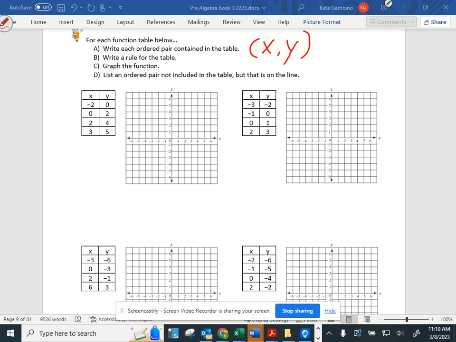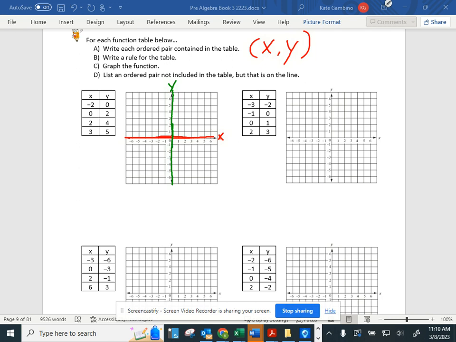So write it down, X, Y, so you remember your ordered pairs, X first, then the Y. Notice on our graph, the X is our horizontal line, positives to the right, negatives to the left. Our Y is the vertical going up and down, positives go up from the 0, negatives go down from the 0.